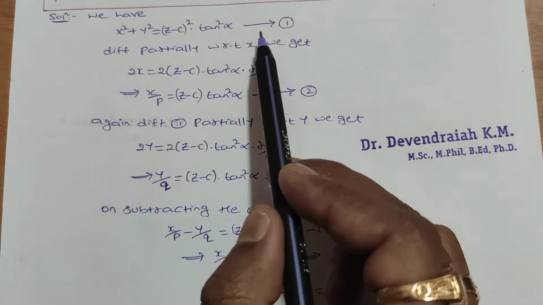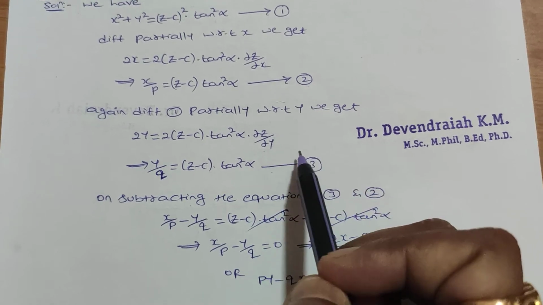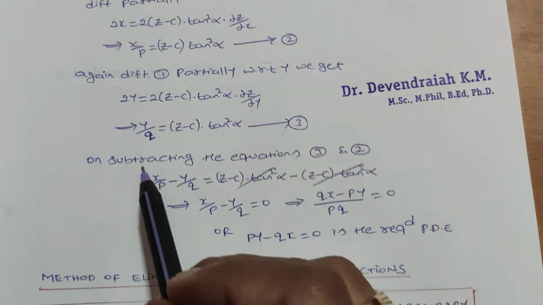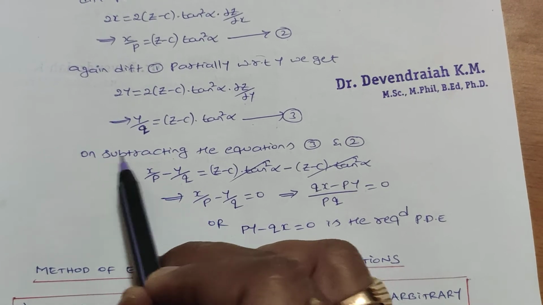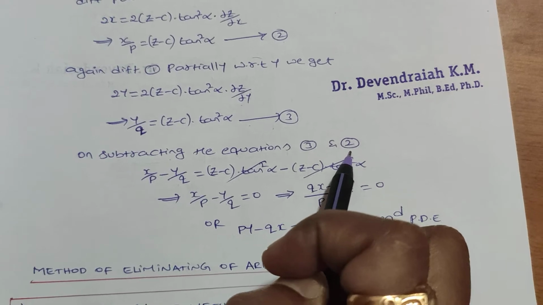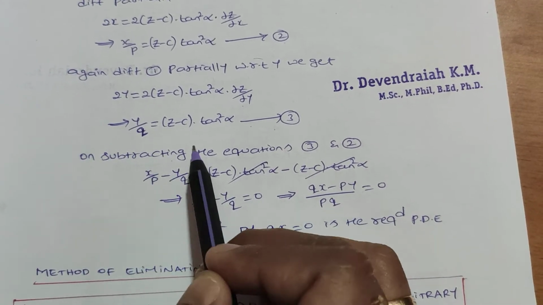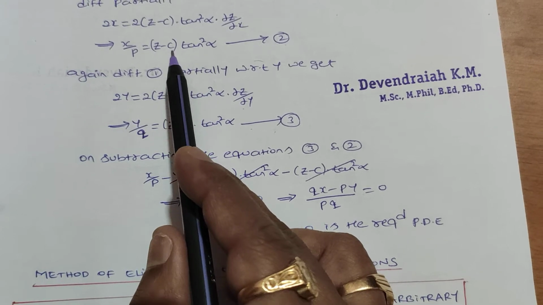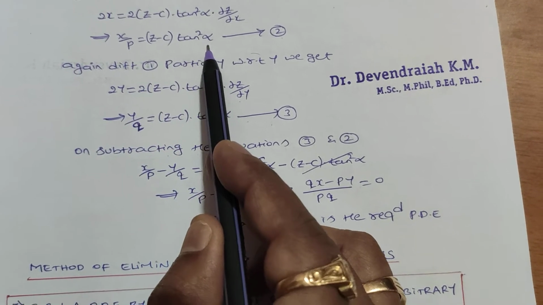Now observe equations 1, 2 and 3. From these equations we consider subtracting equations 3 and 2. The reason we subtract here is that we require to eliminate c and α in this problem.